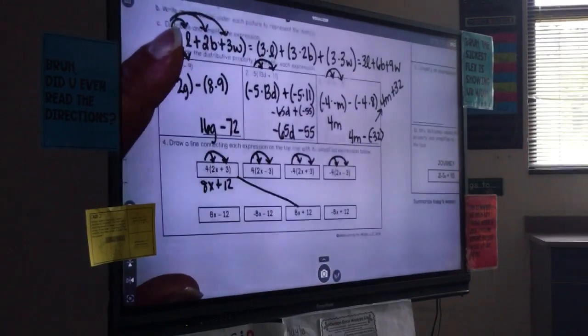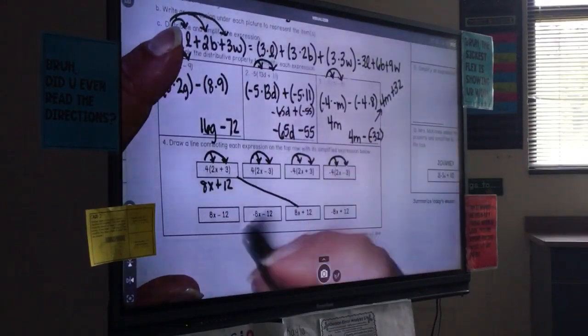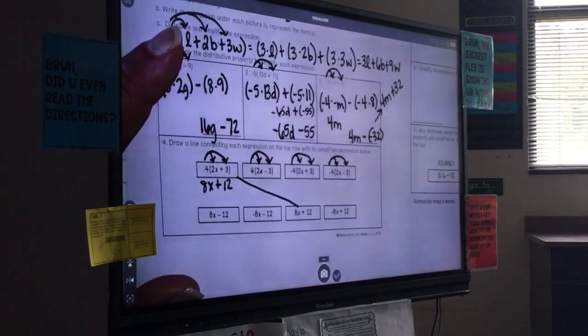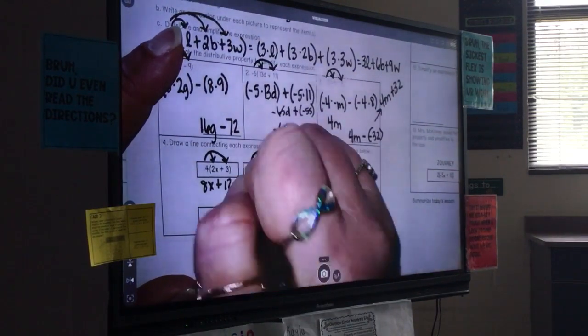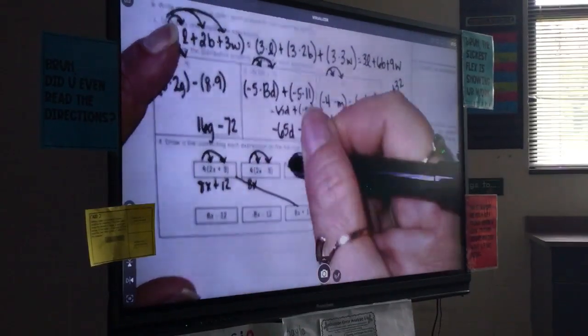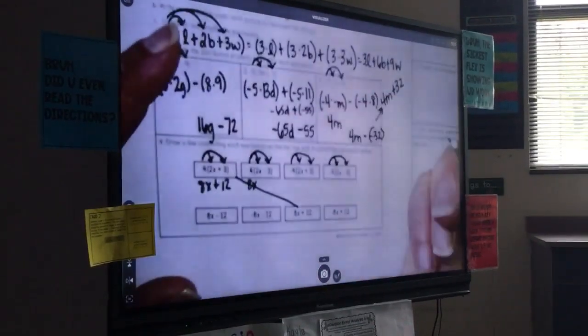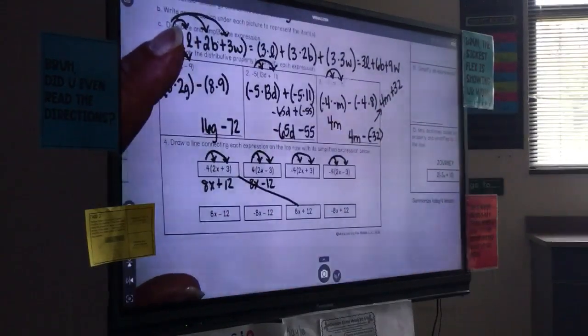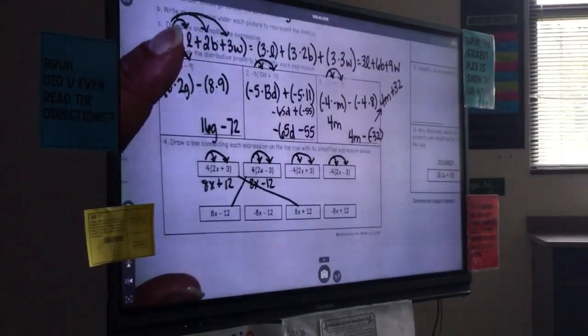So far, so good? All right, the next one. We have 4 times 2x, which gives us 8x. Now, you're going to do 4 times negative 3. What does that give us? Negative 12. That one goes there. Make sense?